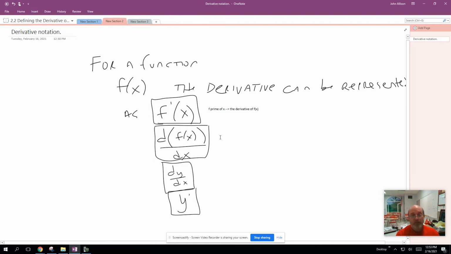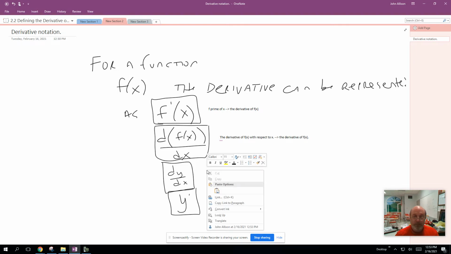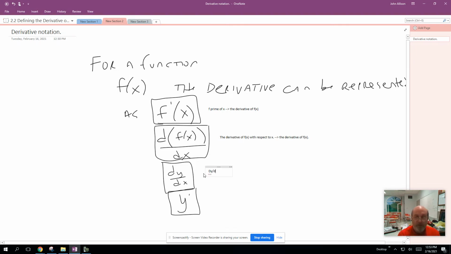When we look at this, this says the derivative of f of x with respect to x. It's just the derivative of f of x. This, we say, dy dx. Again, the little letters and the capital letters make a difference.